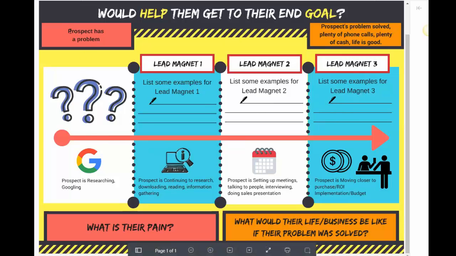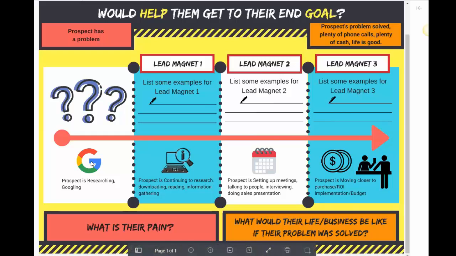I did a whole write-up on the buyer's journey. As they're figuring out, hey, I've got a problem, they're doing research. They go through this journey, this process, until the point where they say, yeah, your thing is going to solve my problem.